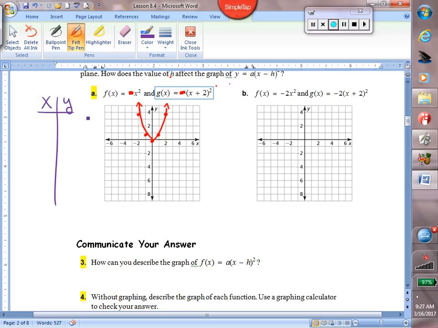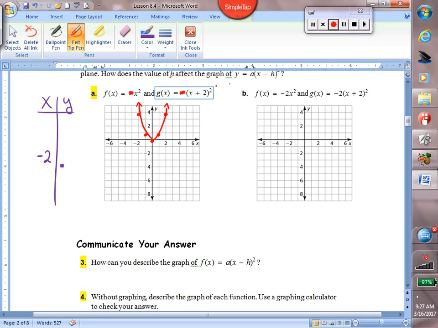Now, if we're thinking that our graph might go to the left 2, we don't want to set up -1, 0, and 1 for our x values. -1 and 0, they won't show us that nice curvy symmetric parabola. If we think our graph might be moving to the left 2 means -2.